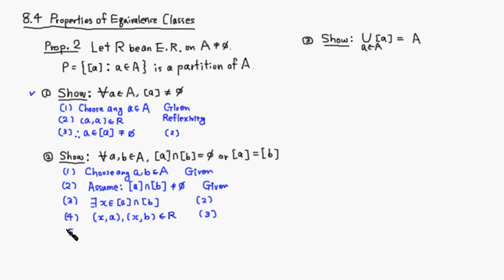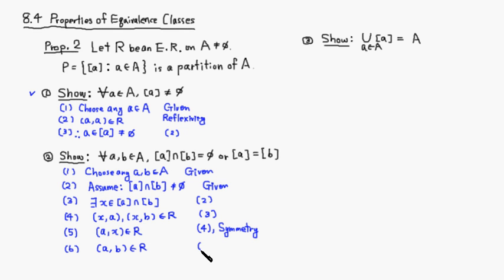So line 5: a is related back to x by this relation R. This is just using line 4 and symmetry. Line 6: now we have a is related to x and x is related to b, so we can use transitivity to conclude that a is related to b.